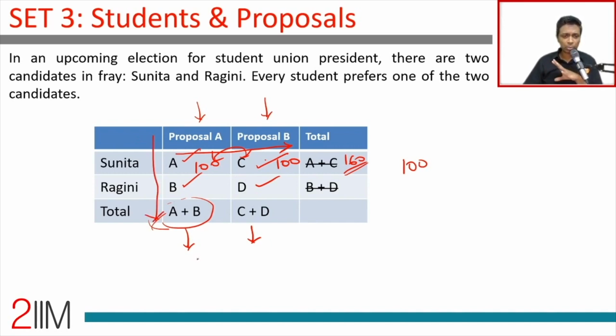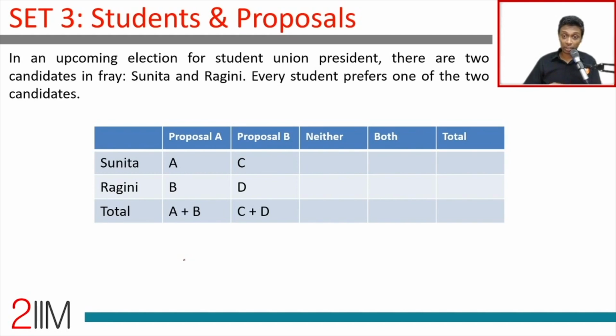If 50 people from proposal A voted for Sunita, 70 people from proposal A voted for Ragini, then 50 plus 70, 120 is for proposal A. Everybody and anybody who voted for proposal A has voted for Sunita or Ragini and only one of them. There is no both Sunita and Ragini business. There is no neither Sunita nor Ragini business. Okay? Whereas that would be available, that would be present here.